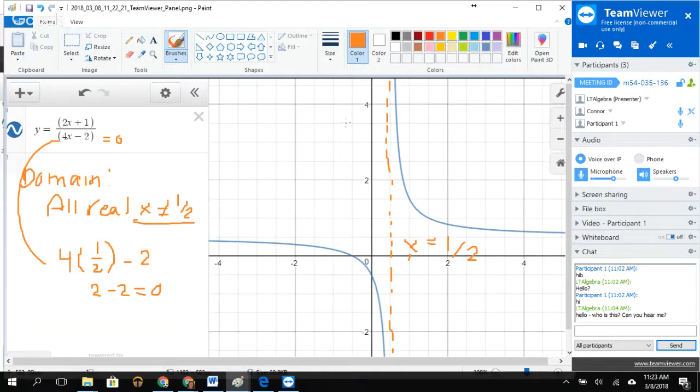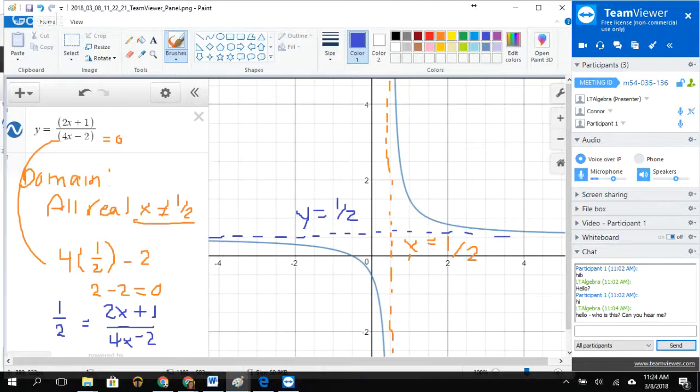Okay, so what about my range? My range looks like all y's except y also can't equal 1/2. Okay, so why can't y equal 1/2? Well, let's figure that out. If I put 1/2 over here as my y, and I have 2x plus 1 over 4x minus 2.